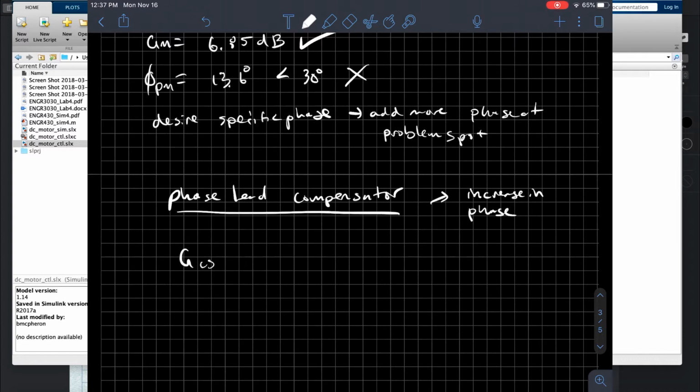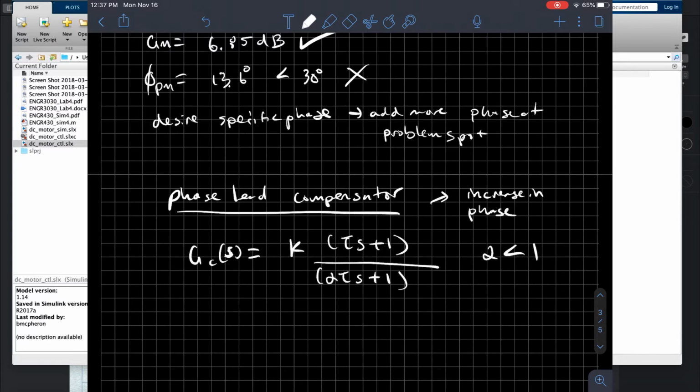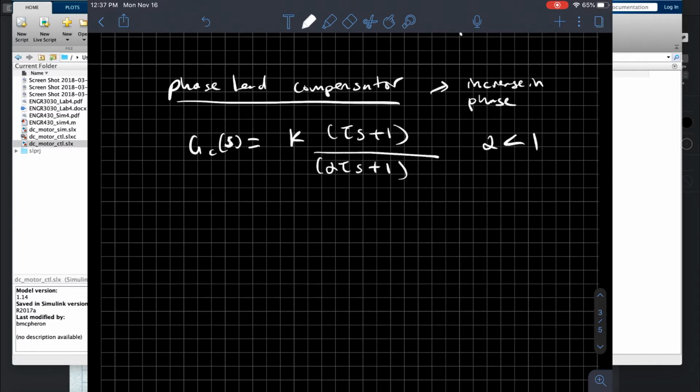G_C(s), my compensator transfer function, is going to equal K times (tau s plus 1) over (alpha tau s plus 1), and alpha has to be less than 1. The Bode plot version of this looks roughly like this.